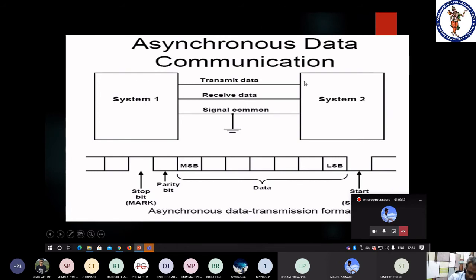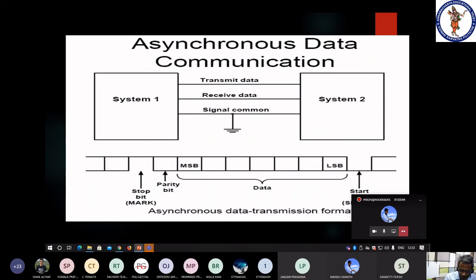Now the question is: the baud rate is 10K. How much time does it take to transmit 1 bit in asynchronous data communication? The bit rate is 10K. How much time does it take to transfer 1 bit?